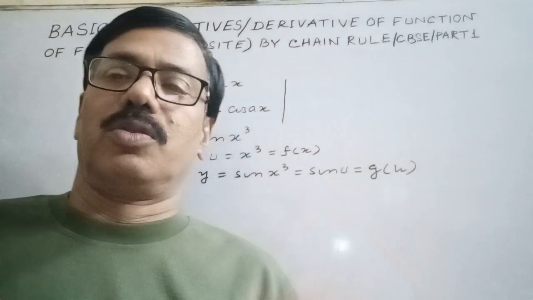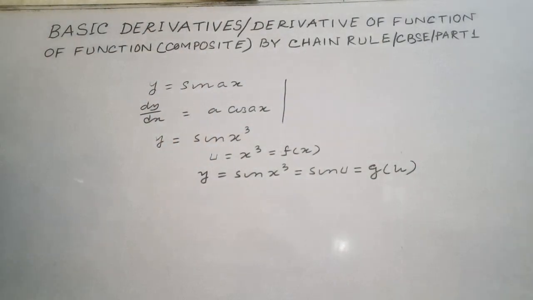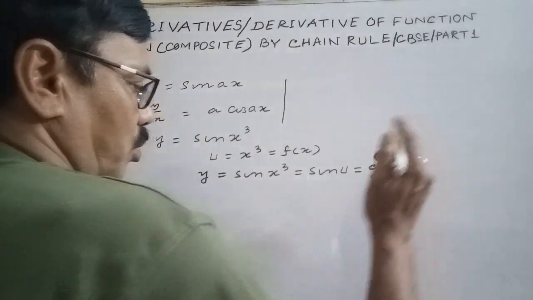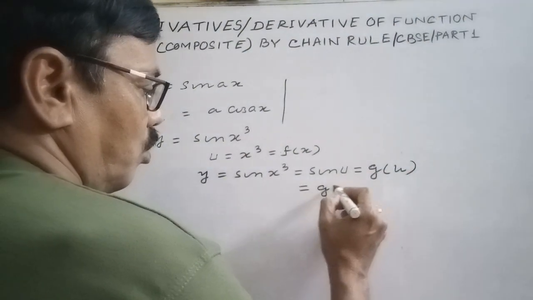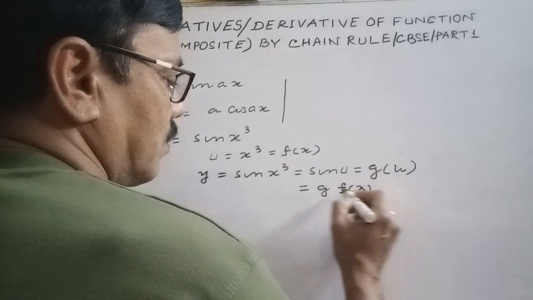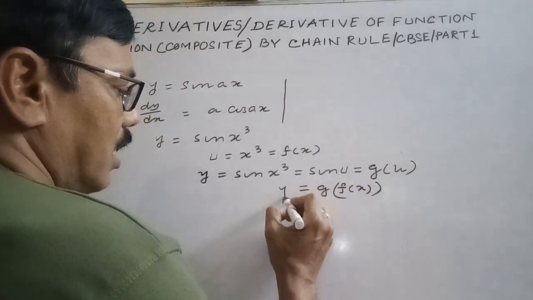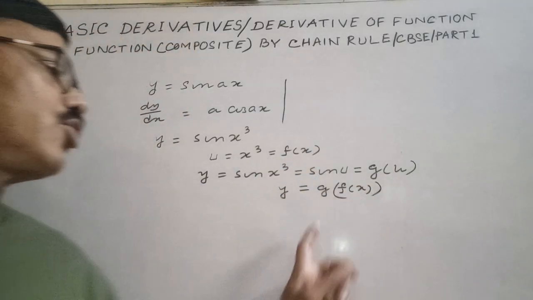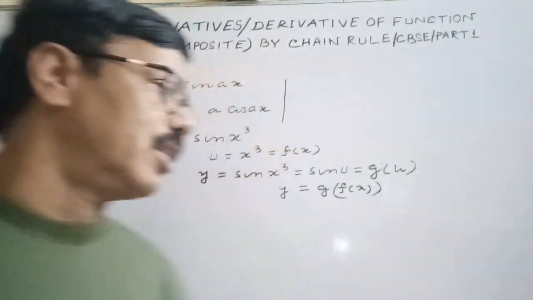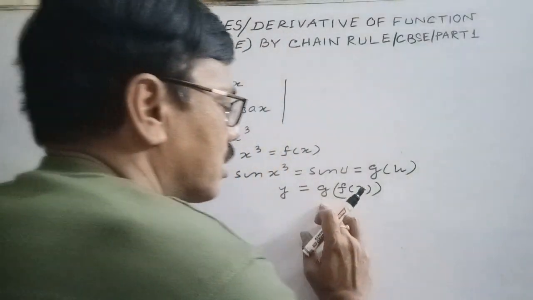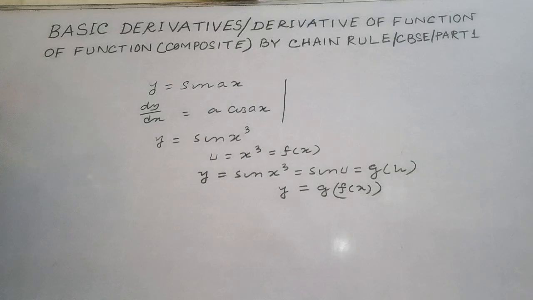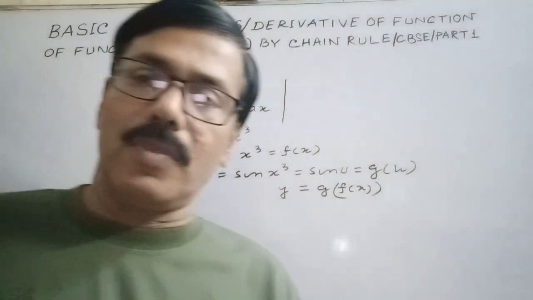Sine u, we are considering this as u. So g of u. So put the value of u as f of x. So y can be expressed as g of f of x. So it is called function of function or composite function.